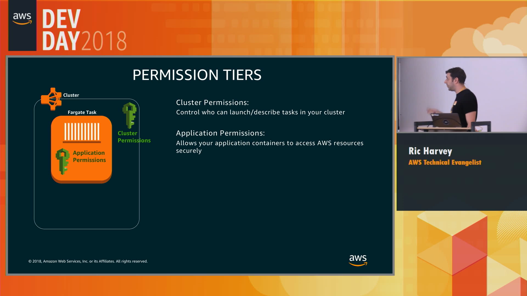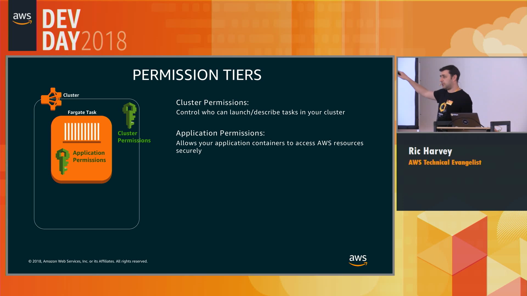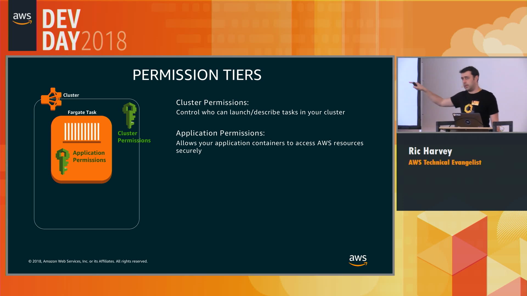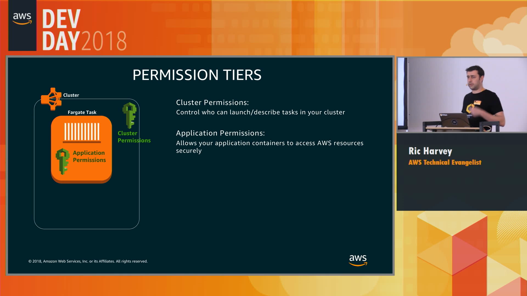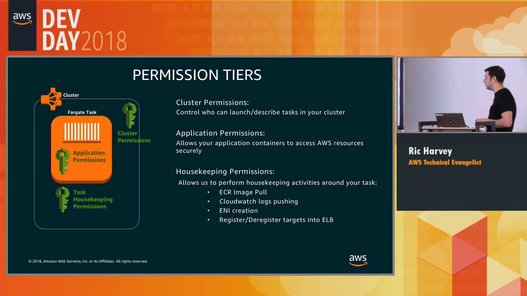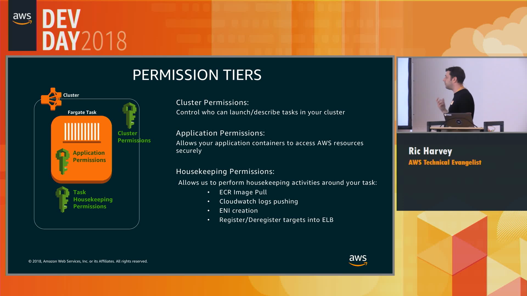We then have application permissions, and that's what these containers can actually do. You can grant an IAM role to your entire task, and then each container inside can also have a task level permission on there, which we'll cover in a second. And then we have some housekeeping permissions. Now, in Fargate, these are what we create automatically in the background.